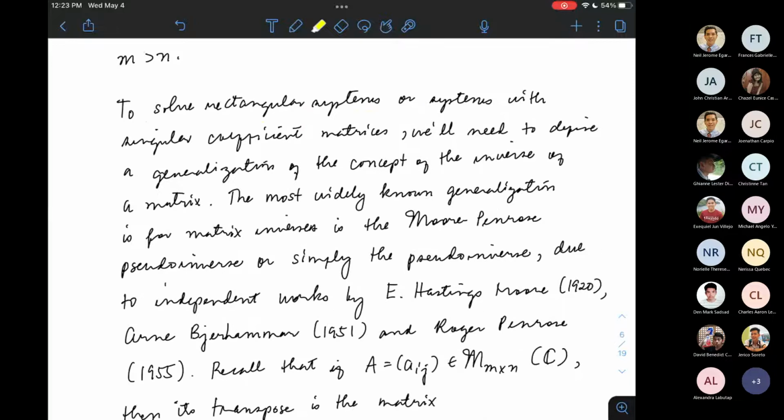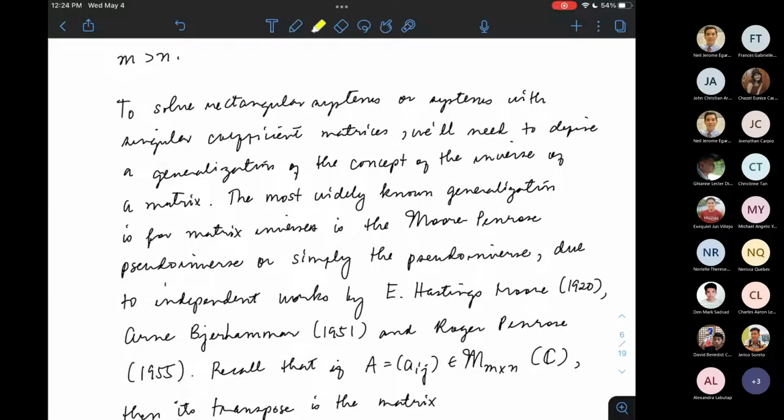But anyway, so tingnan natin, paano tayo nagsasolve ng over or underdetermined system? Of course, hindi nagagana yung LU factorization natin from last time, the way it was presented, but I'm sure there are modifications to it to allow for rectangular matrices. Pero kahit doon, maraming requirements para dun sa rectangular matrices.